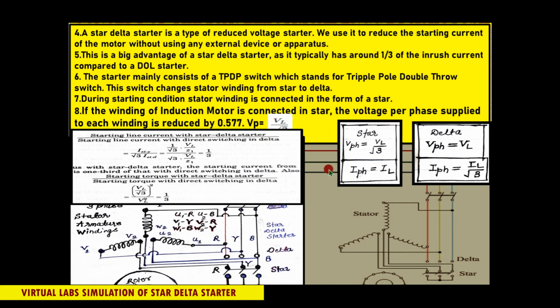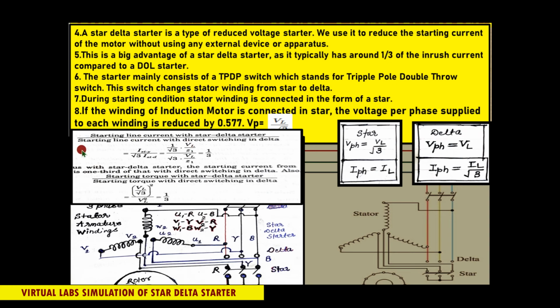As you can see the formula, in star connection, VPH equals VL by root 3 and IPH equals IL. For delta connection, the phase voltage VPH equals line voltage, and for current, IPH equals IL by root 3.